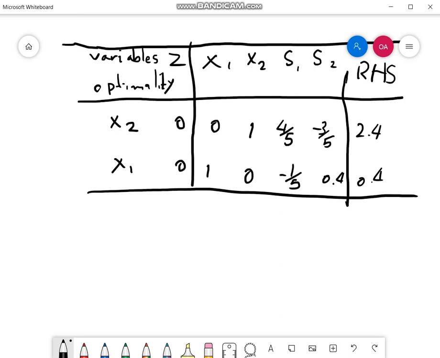For my z equation, we have here 1, 0, 0, 10, 0, 60.